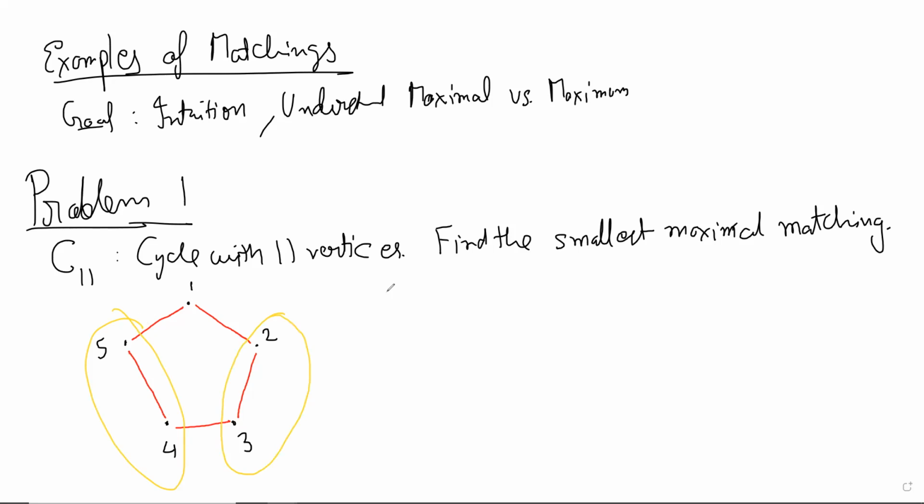So let's note that down. So M is certainly maximal, but can you give a smaller, can anybody, or is it possible to give a smaller maximal matching? Yeah, any maximal matching has to have at least 2 edges.